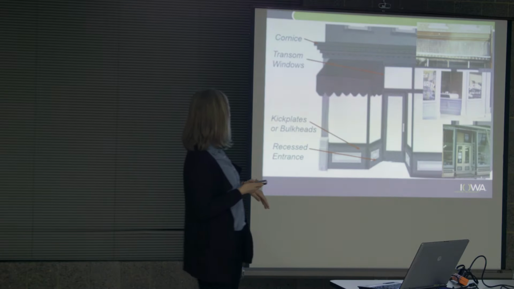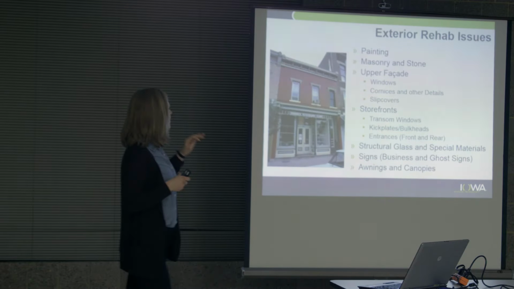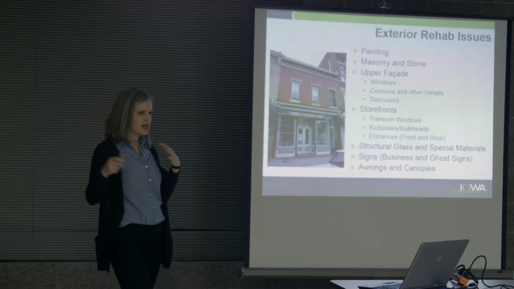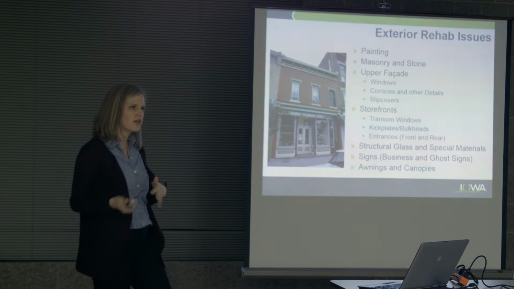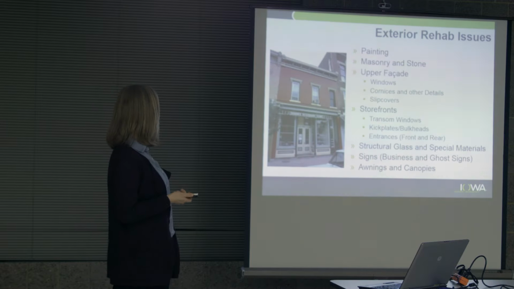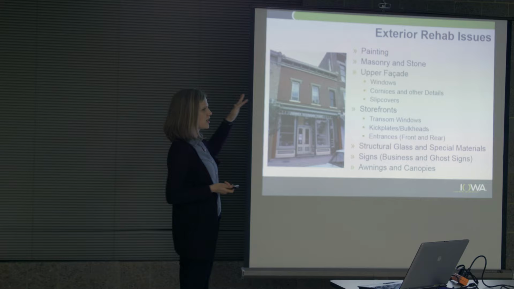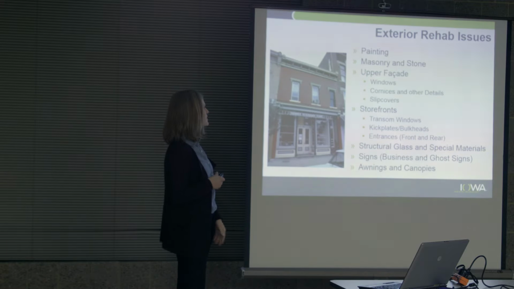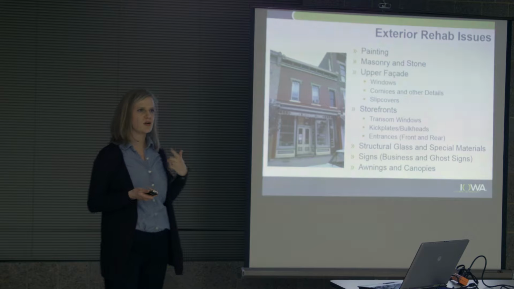So a lot of these buildings have changed over time, and that leads to a lot of the issues that we look at with exterior rehabilitation. You can see the main things that we deal with here, and we'll go through examples of all of these. We'll look at painting, the masonry and stone issues.